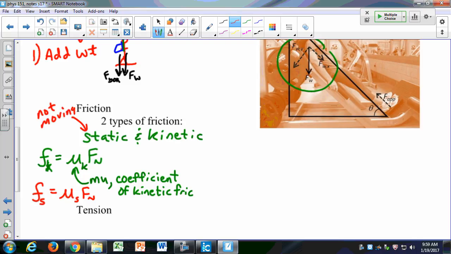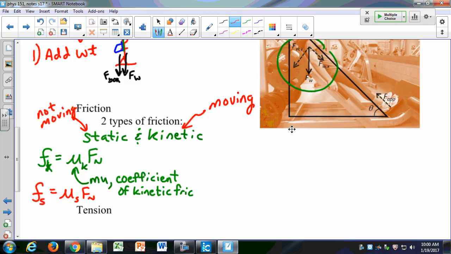And kinetic, you all know what kinetic means, they're doing what? Moving, right. Like in kinesiology or kinesthetic, it means motion, that root.